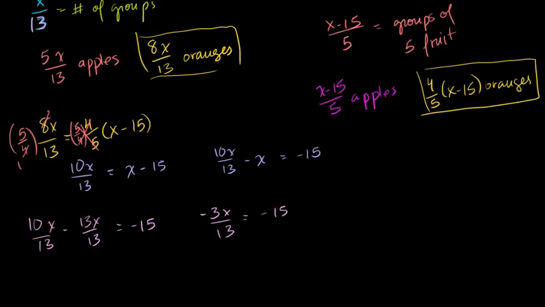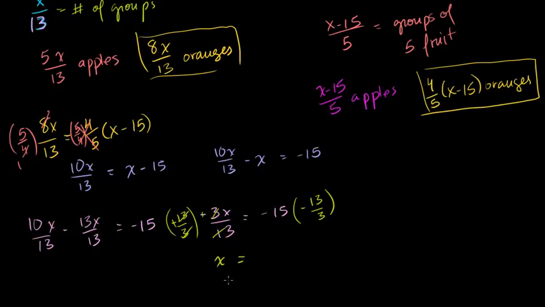Or we could just multiply both sides of this equation by minus 13 over 3. Multiply this side by minus 13 over 3. I picked that number so that this and that cancel out, and that cancel out, and the negatives cancel out. So I'm just left with x on that side.